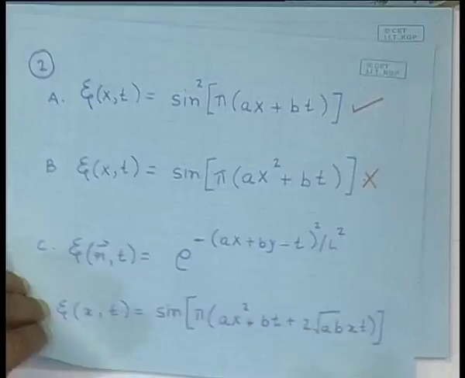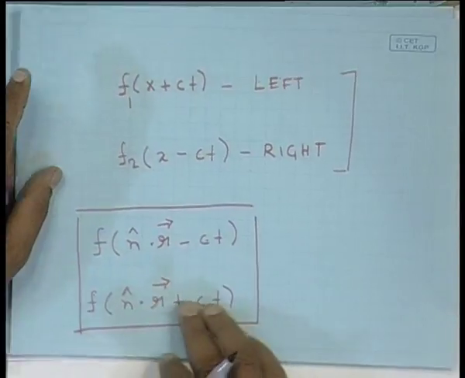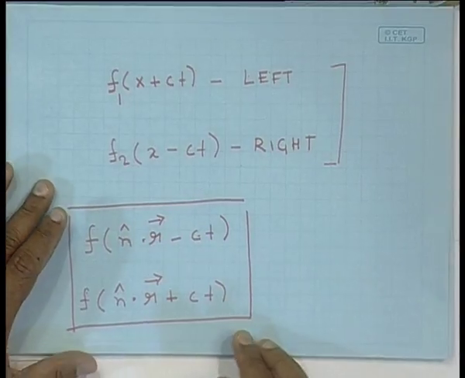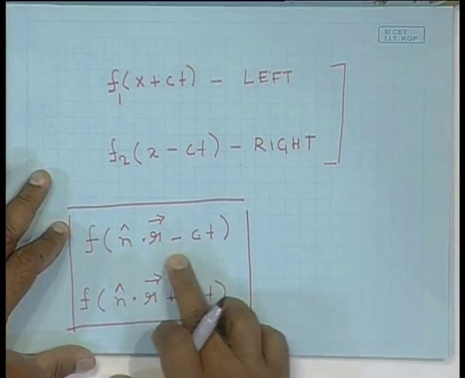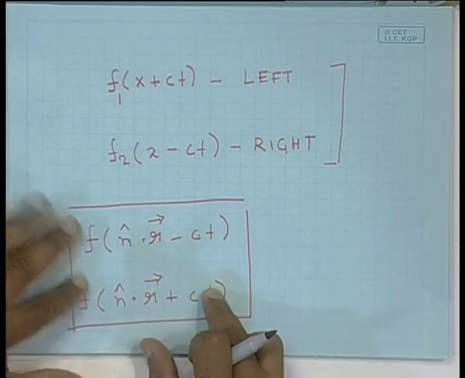So, it should be clear that this is indeed of this form: unit vector dot r plus ct.